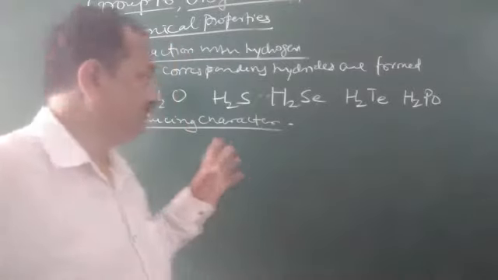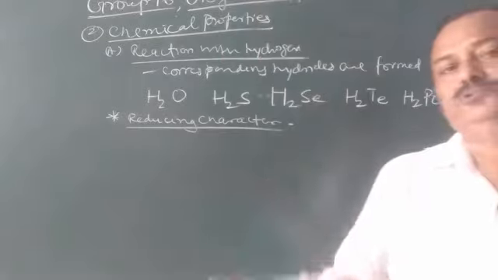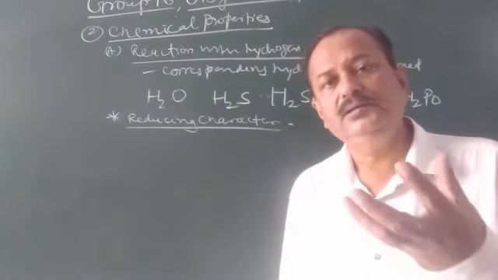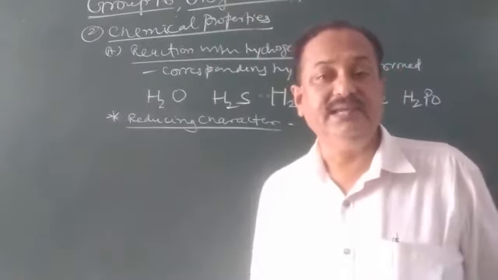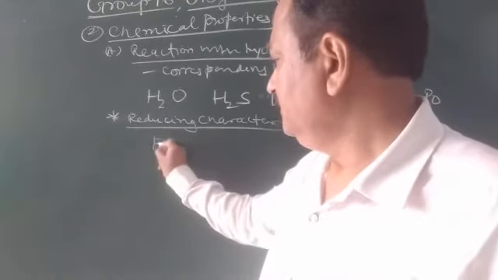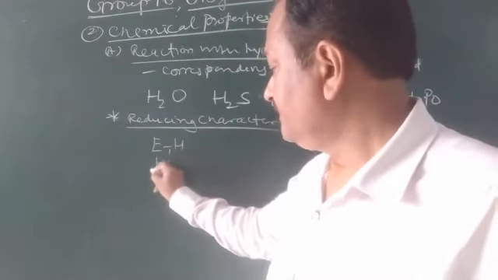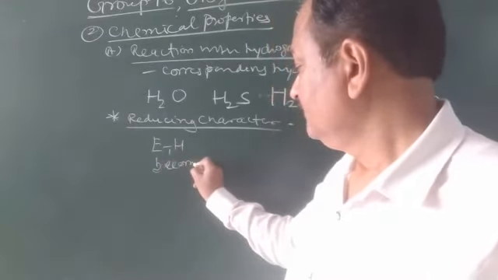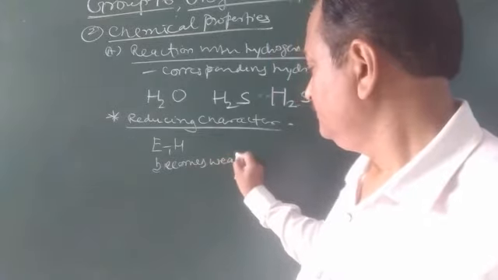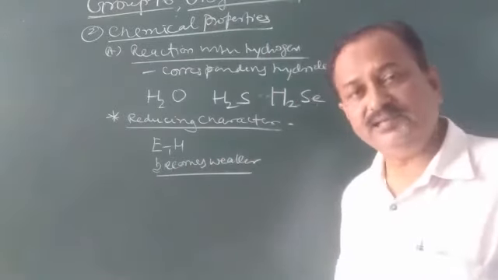Now next is reducing character. As a general trend, as you move from top to bottom, the size of the element increases, and so the E-H bond becomes weaker. So when the bond becomes weaker, what happens?